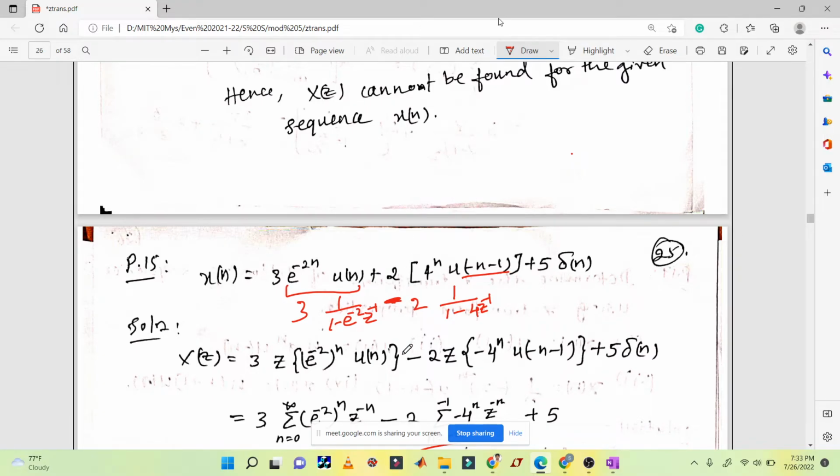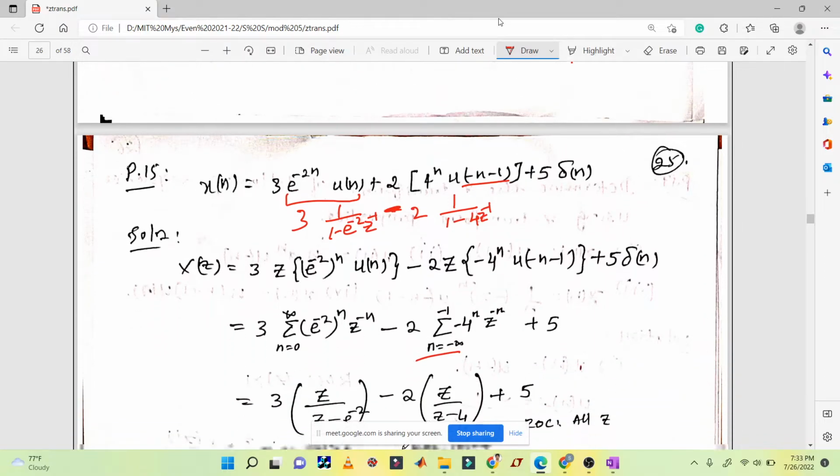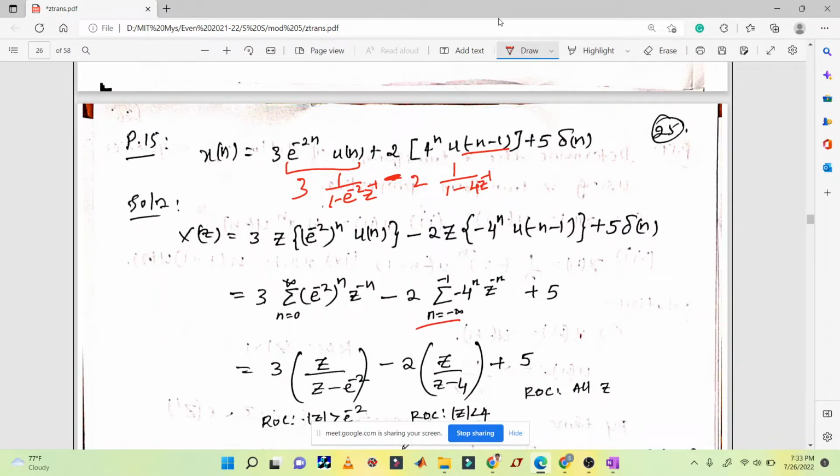Okay, after solving with all the steps, you can see here. With the pad some problem is there. So in this step you can see here, taking z inverse common, z divided by z minus e to the power minus 2 comes. Here also taking z inverse common, this answer you will get, 5 remains 5.